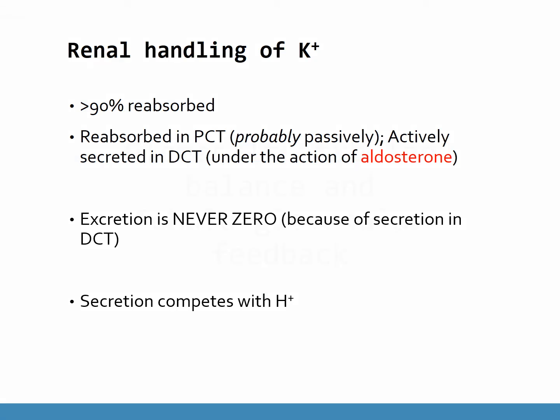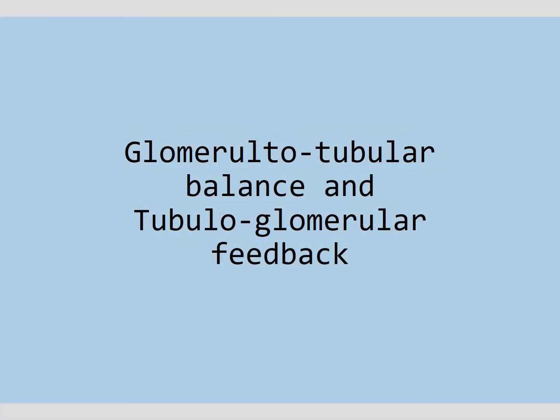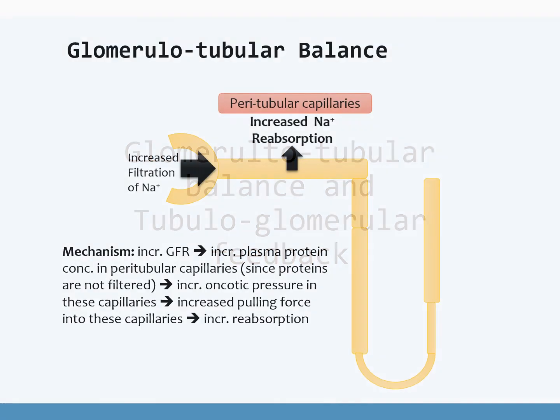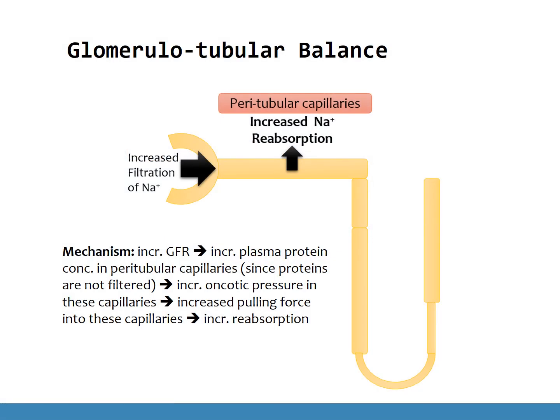Now, moving on to the auto-regulatory control mechanisms within the kidney that can regulate GFR. There are two major mechanisms that I will explain to you now. The first one is called glomerulo-tubular balance. Imagine a scenario where there is increased filtration of sodium, which means there is increased GFR.